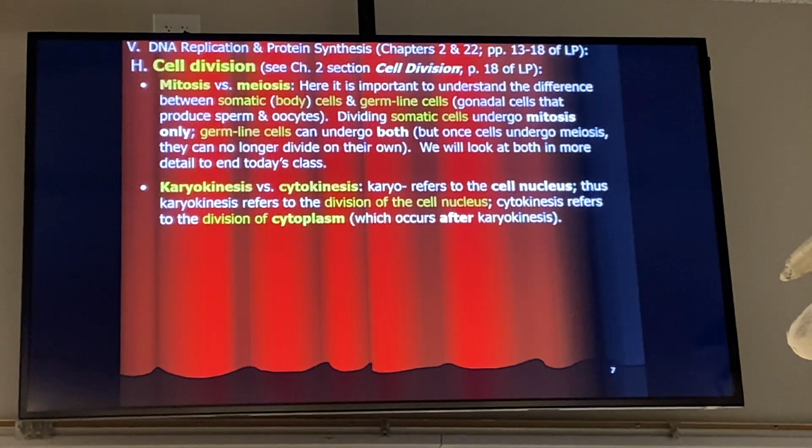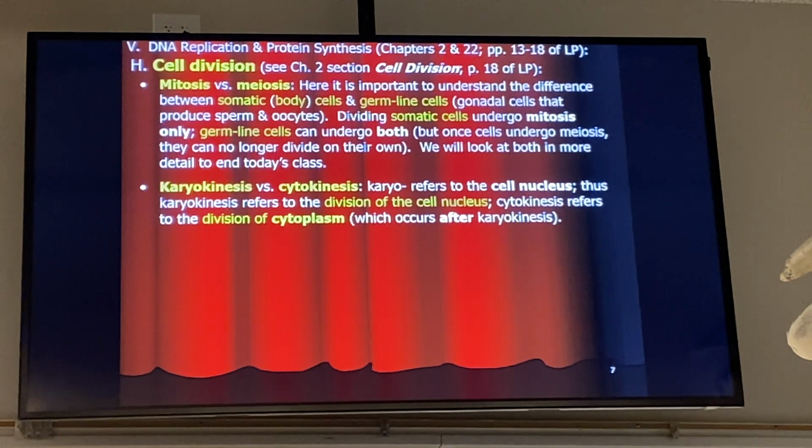Okay, when we talk about cell division, I do need to talk about these 2 words. In this context, kinesis means division of. Karyo is nucleus. Cyto is cytoplasm. Second bullet is just mentioning, out of all the complexities of this, that karyokinesis happens first, followed by cytokinesis.